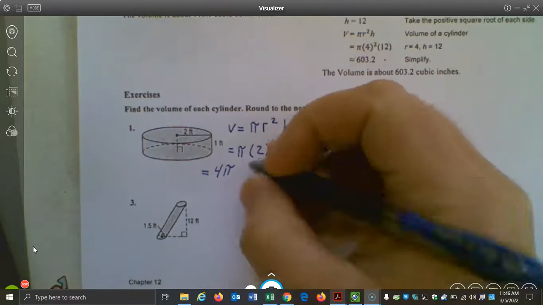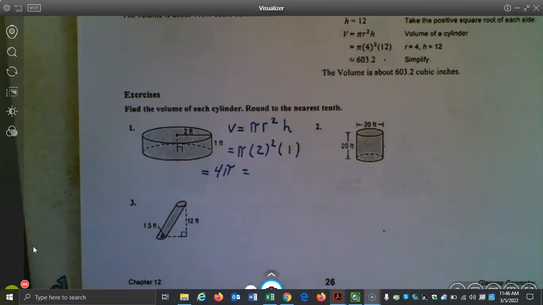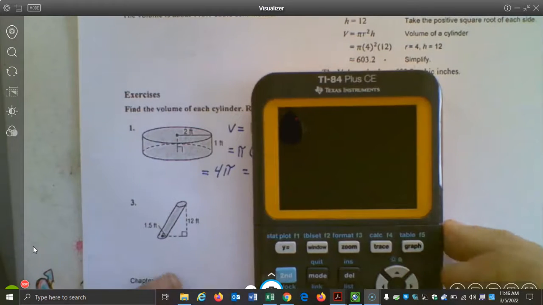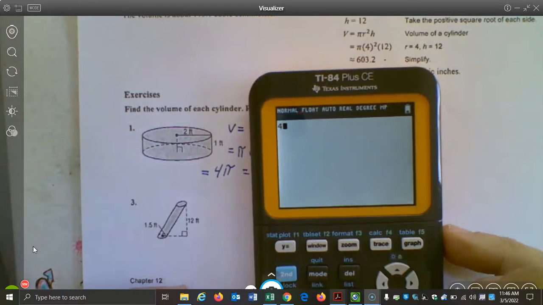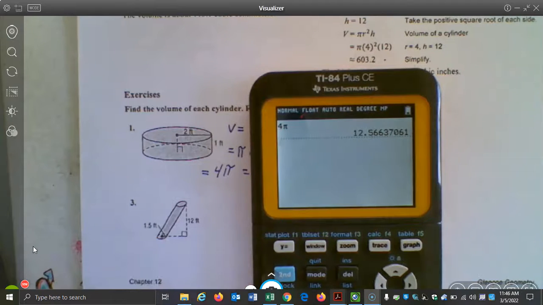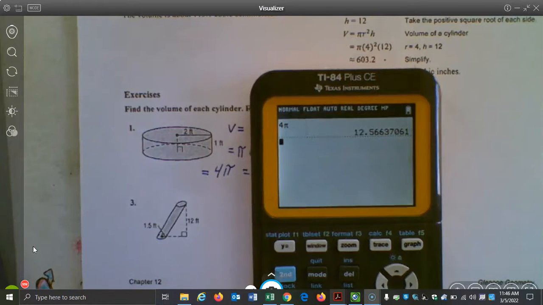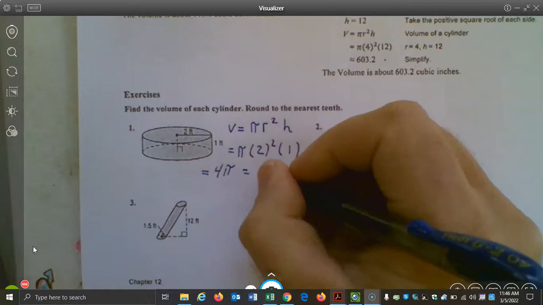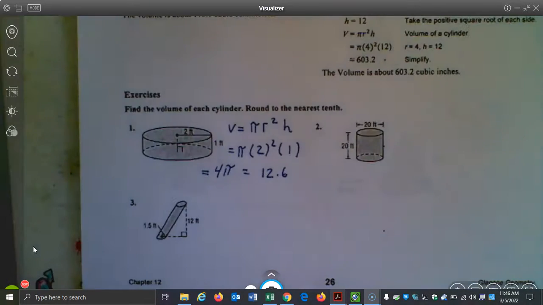But if it said round to the nearest tenth, well, we can still plug that into our calculator and then round it to the nearest tenth. So we'll do that for this one. If I throw 4 pi in there, and make sure that you round accurately, that's important, we get 12.6 when rounded accurately to the nearest tenth. And we have our volume of a cylinder.